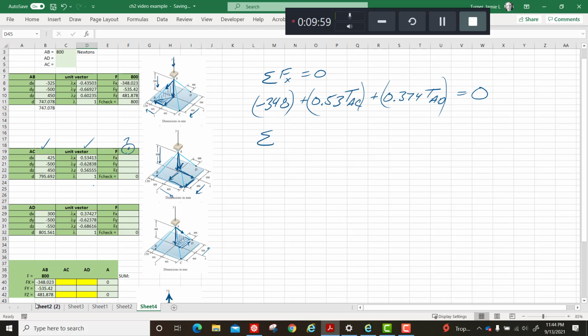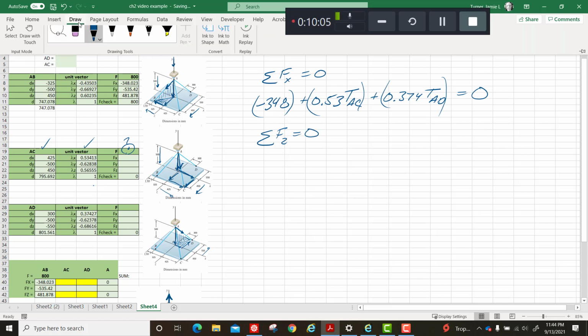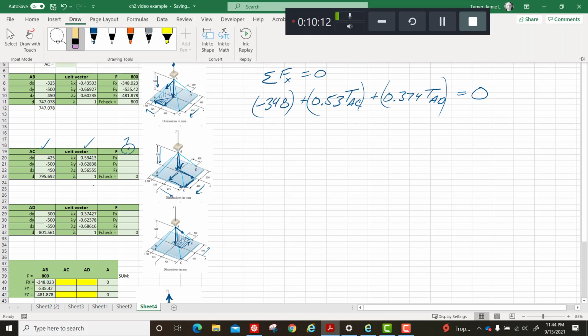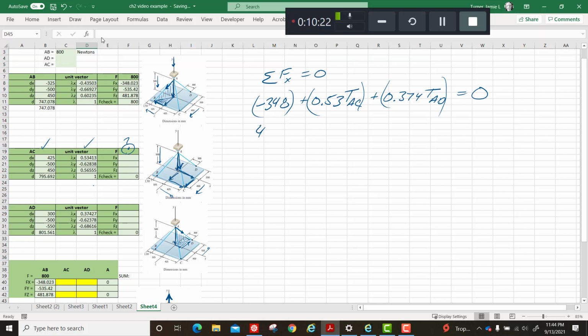So here we go. The force in the Z direction adds to 0. Maybe I'll go ahead and just draw this equation right down here, but that's what we're going to do, the Z direction. So for that first AB, I have positive 481.